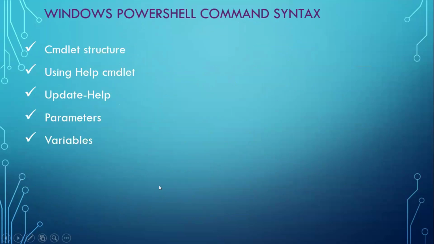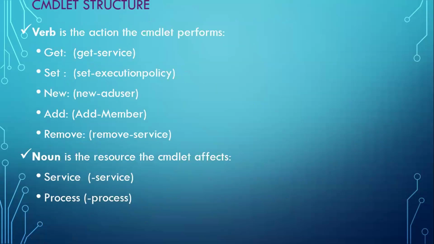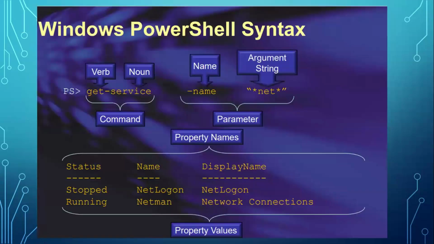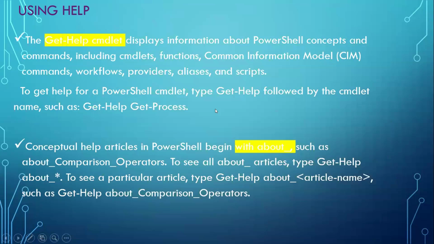Some use cases, correct? And the fundamentals which we talked about: commandlet structure, using the help commandlet, Update-Help, parameters, variables. These are the very beginning to understand how we use it. And we have the parameter. A commandlet is in verb-noun format, -Name is a parameter, correct? And you are giving this a string value, and some common commandlets, right?